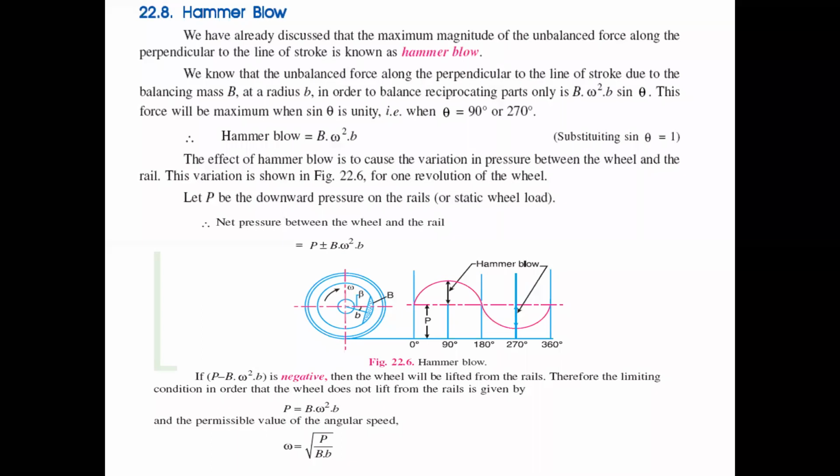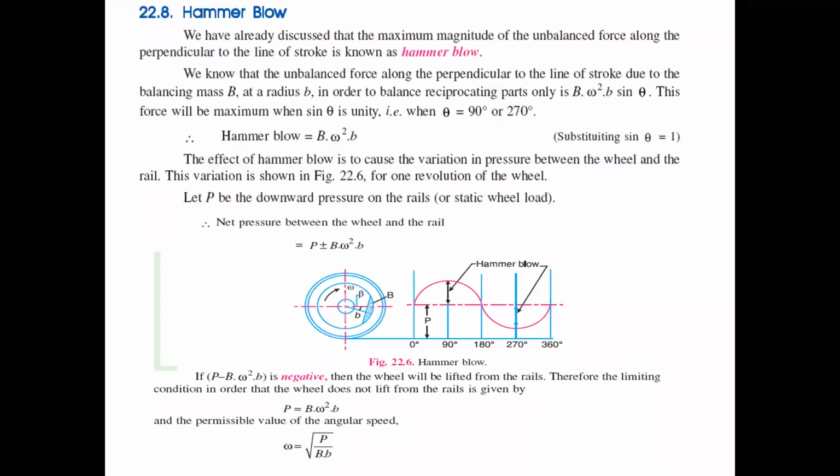From this relation omega is identified: omega equals the square root of p by capital B and small b. That is our third effect of partial balancing of reciprocating parts.